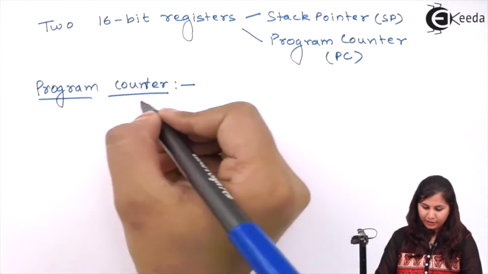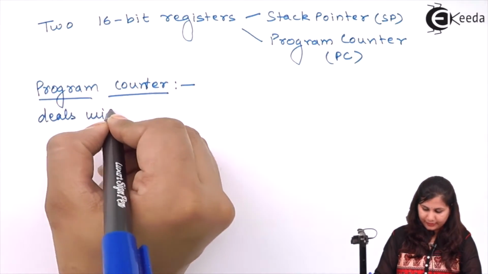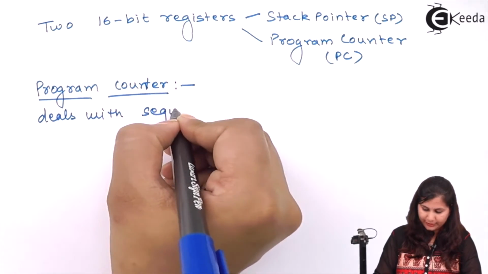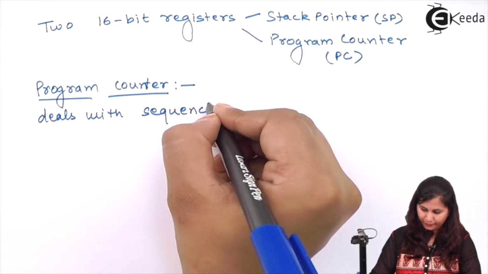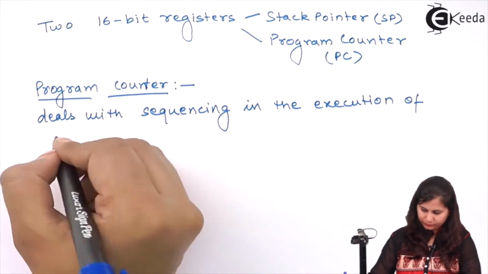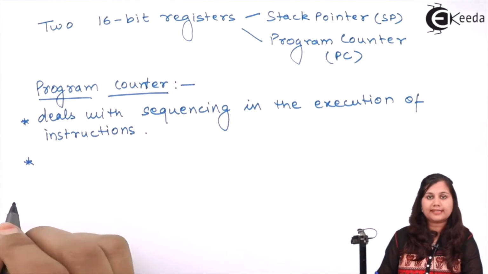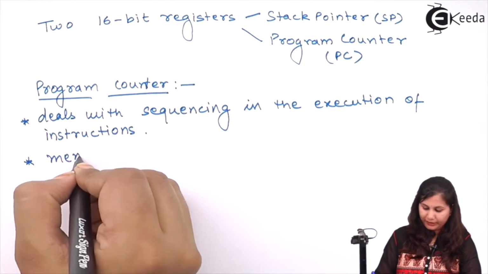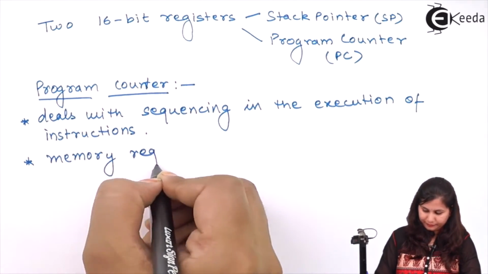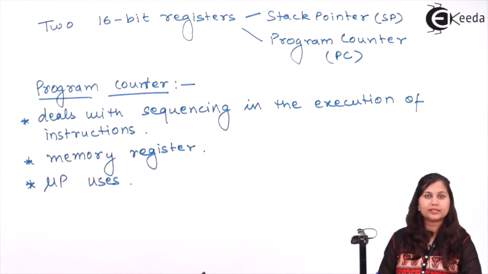So the use of the program counter is that it deals with sequencing of the instructions. This register is a memory register because it is pointing to a memory location, and the microprocessor uses this register to hold the address of the next instruction.